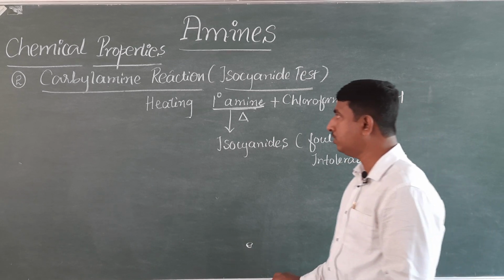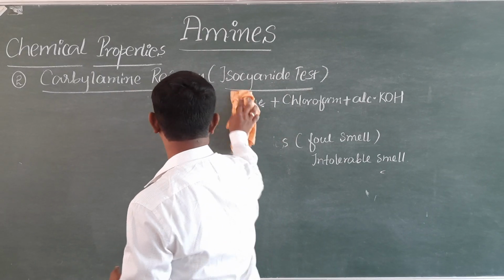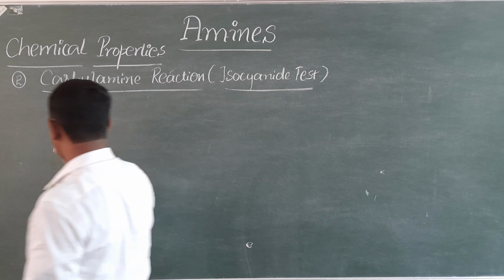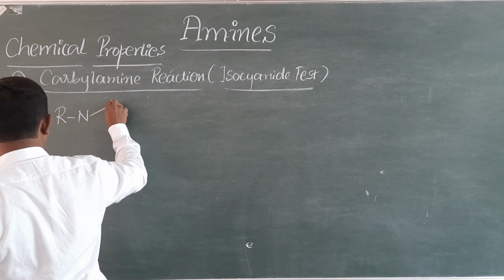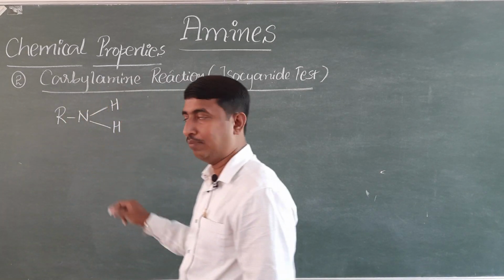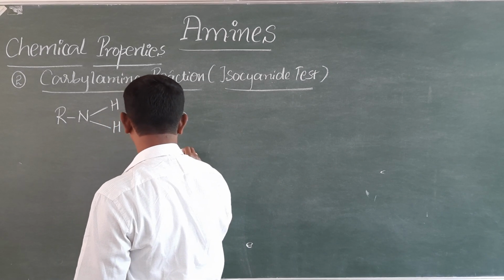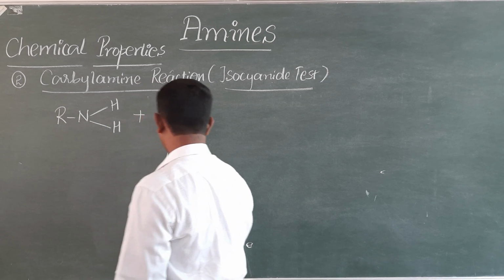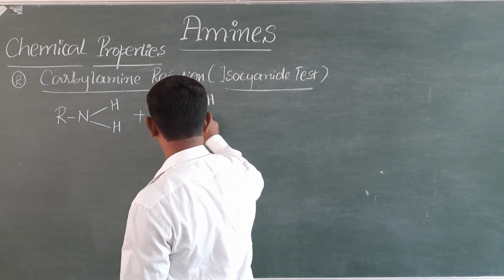So let us write the equation for this. We need a primary amine, RNH2, heated with chloroform. The formula of chloroform is CHCl3.